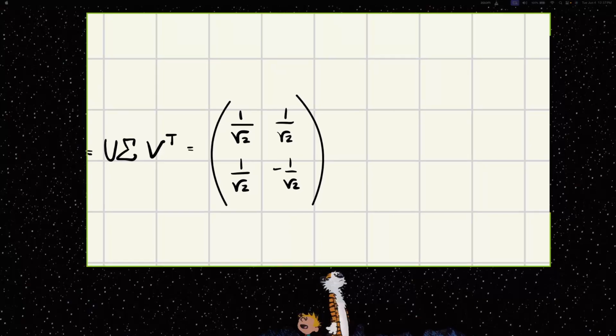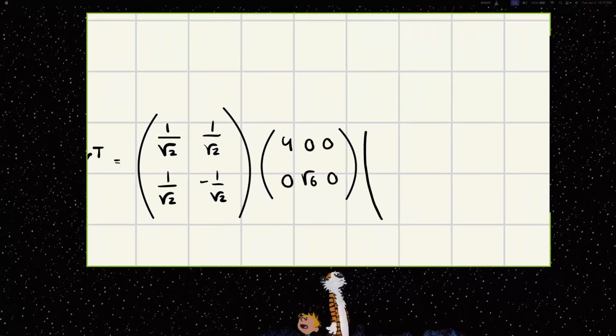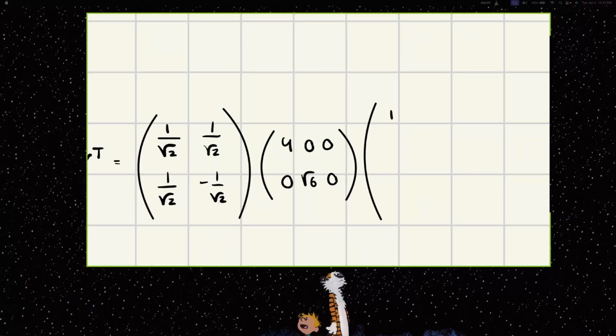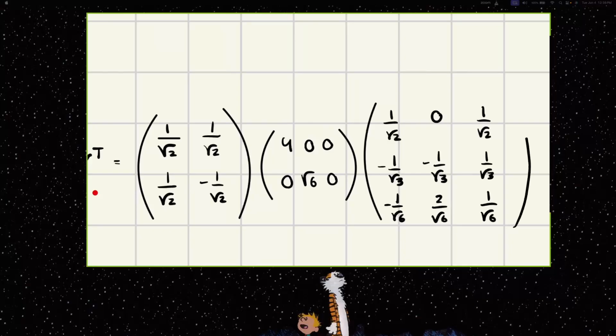times our diagonal matrix sigma, 4, 0, 0, 0, root 6, 0, and then times our other orthogonal matrix, V transpose, which is 1 over square root of 2, negative 1 over square root of 3, negative 1 over the square root of 6, 0, negative 1 over the square root of 3, and 2 over the square root of 6, 1 over the square root of 2, 1 over the square root of 3, and 1 over the square root of 6, I believe.